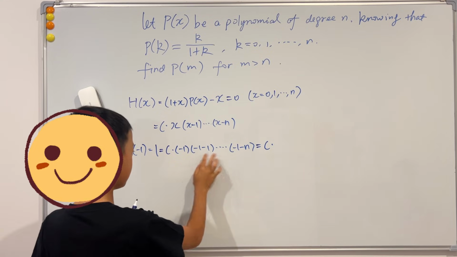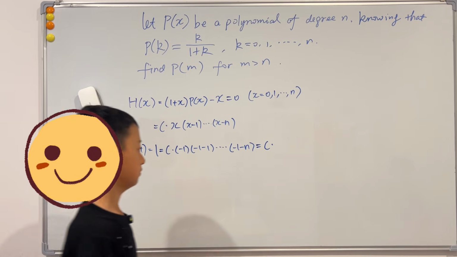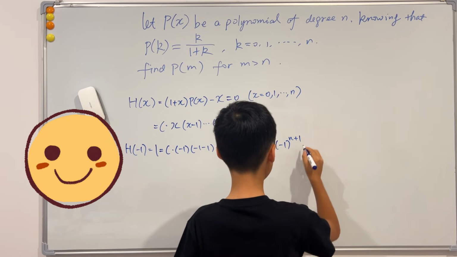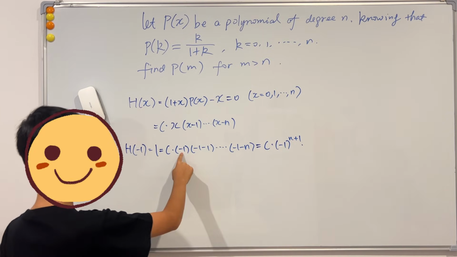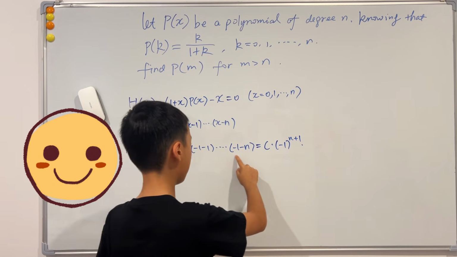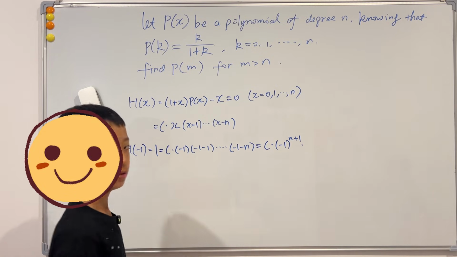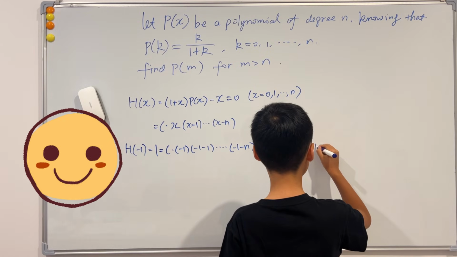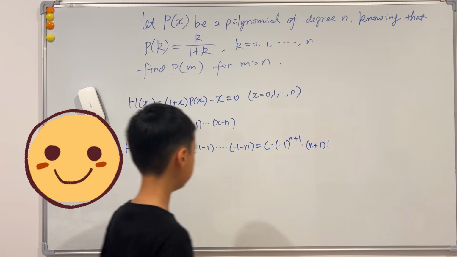Well, how many brackets are there? n plus 1. So it is negative 1 to the power of n plus 1, then multiply by, this becomes 1, this becomes 2, and all the way multiply until n plus 1. And that is the definition of factorial. So we just multiply by n plus 1 factorial.